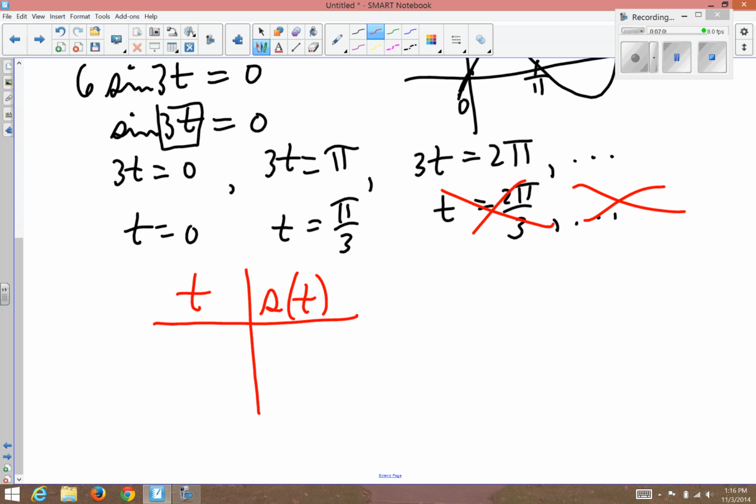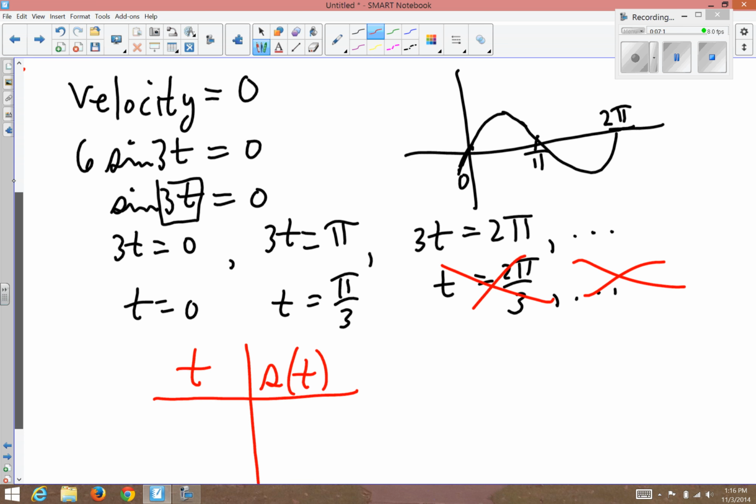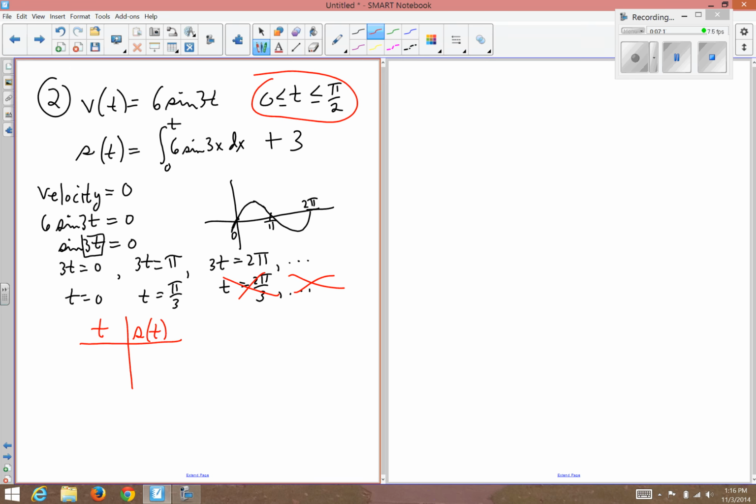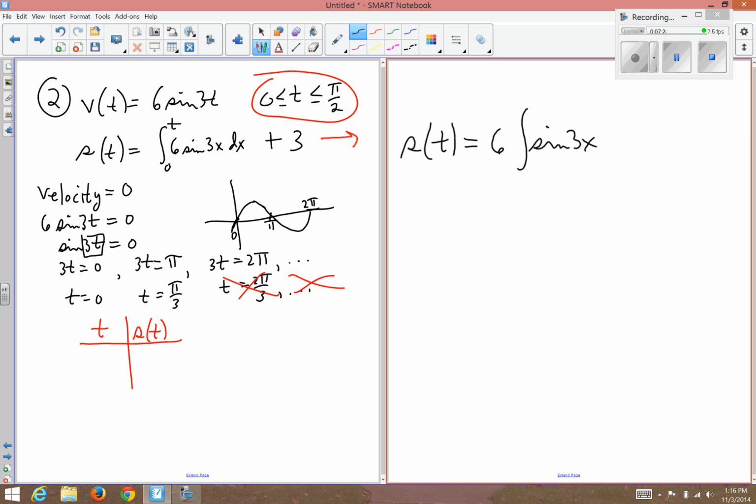I think before we complete this table, we're going to figure out a formula for the position using this. S of t equals, move the 6 to the left, of the integral of sine 3x dx plus 3.